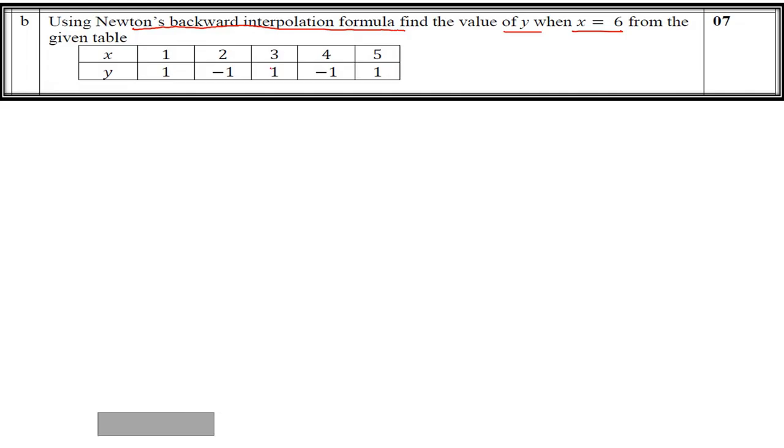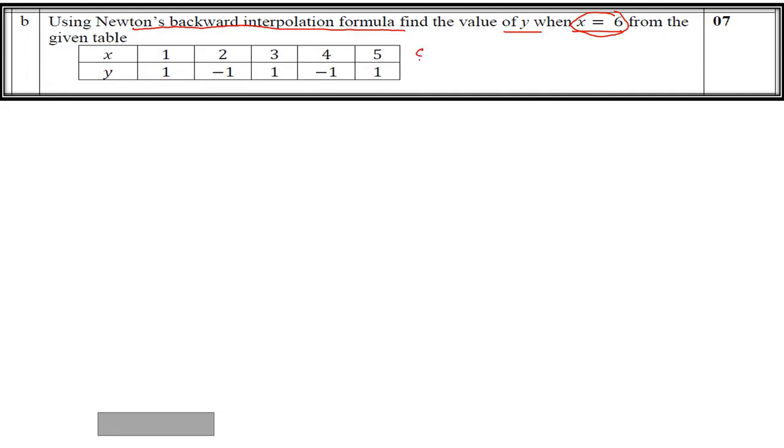the backward interpolation. So as this x equal to 6 is outside the interval, it is called extrapolation. We name that as extrapolation, as it is outside the value interval 1 to 5.